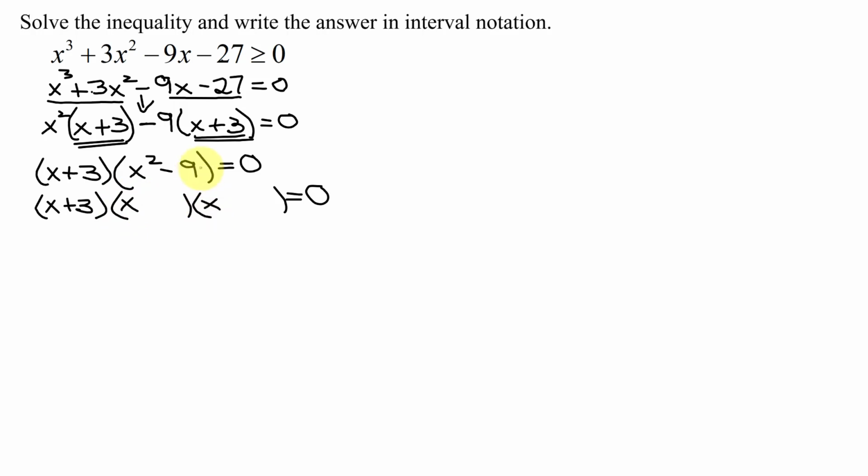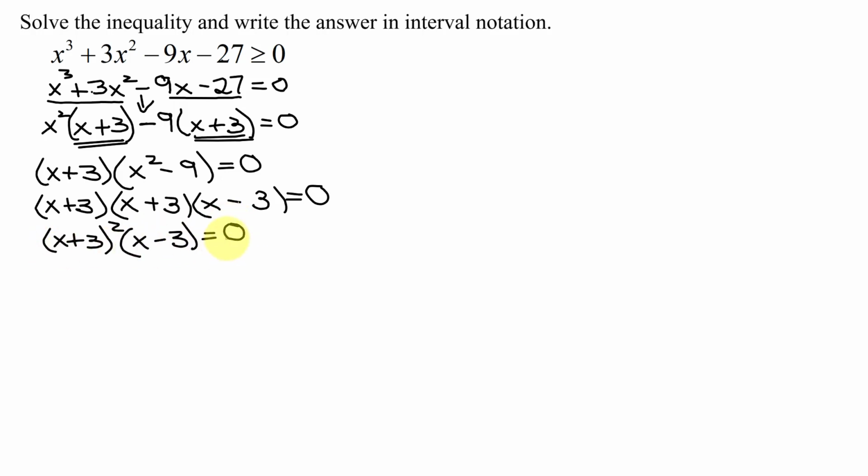X. What is the square root of 9? 3. And you need opposite signs in the parentheses. One has to be positive, one has to be negative. Now I can simplify this a little bit because I have x plus 3 times x plus 3. So I'm going to write that as x plus 3 all squared times x minus 3 equals 0.